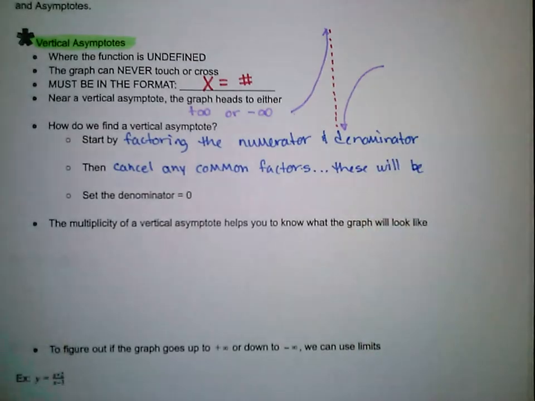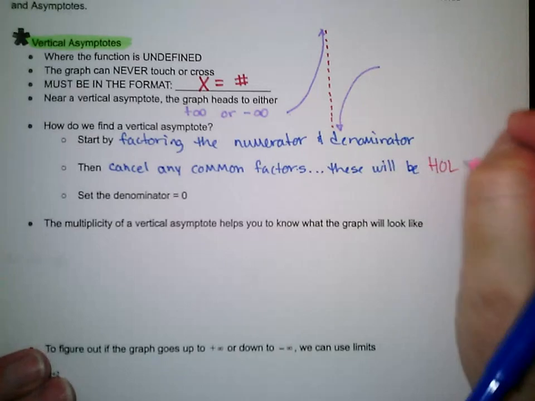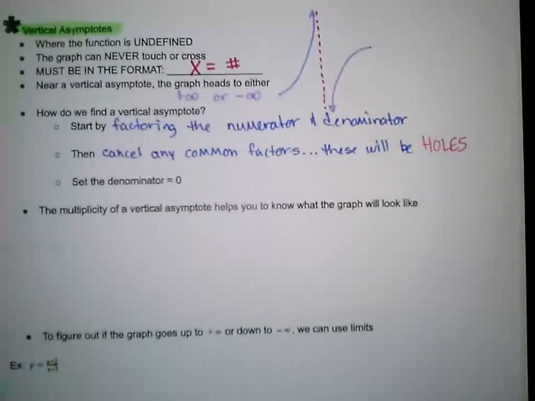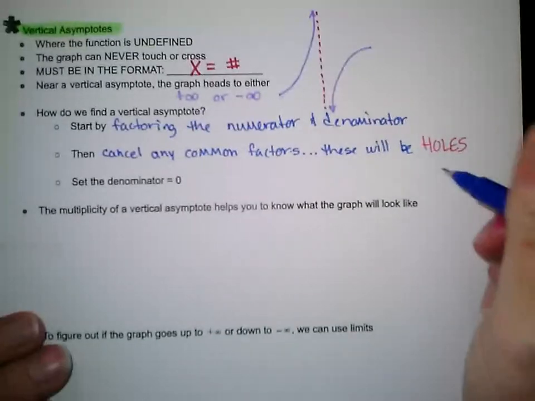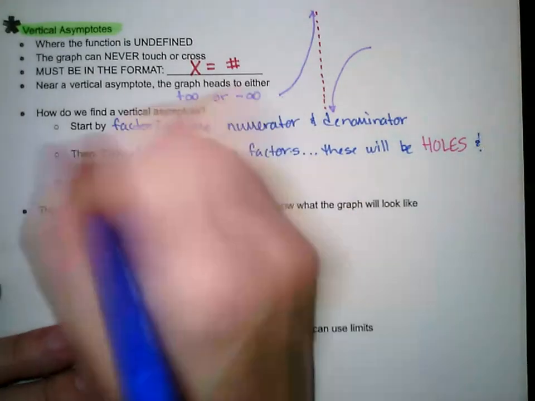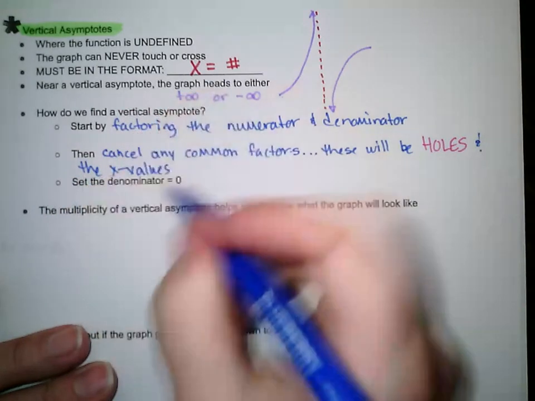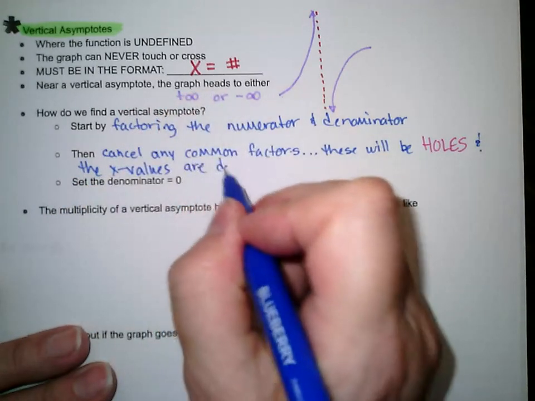We're going to have to study that a bit more later. So anything you can cancel is going to be a hole, and those x values are domain restrictions.